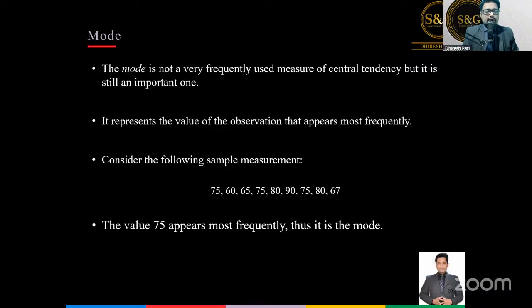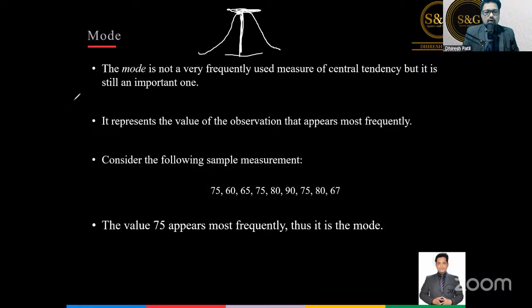That is called the mode. When we see the normal distribution bell-shaped curve, this is the peak of the bell-shaped curve. This value is basically the mode, because that is the highest frequency value.